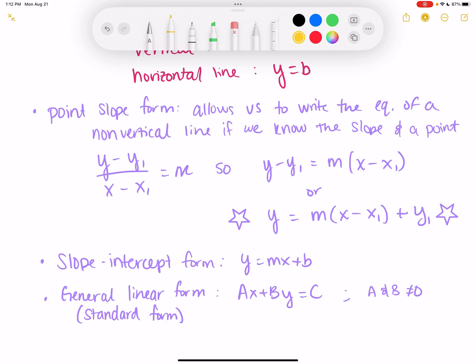And kind of a fun fact about this is that every line, even those with undefined slopes, have this form.